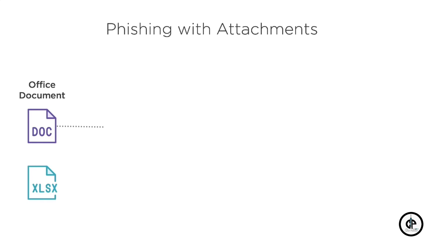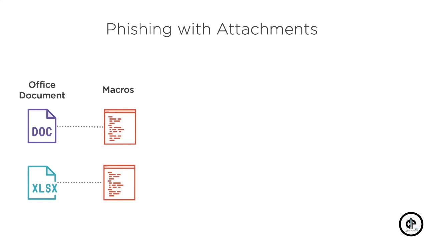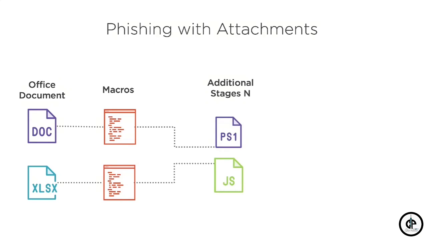Those Office documents then oftentimes contain macros, and those macros, while a normal part of the Office suite, are used to achieve code execution. If the user can be social engineered into enabling that content, then there's typically additional stages that occur. PowerShell may be executed or used to download the next stage payload. There's really any number of different techniques that can be utilized at this stage.